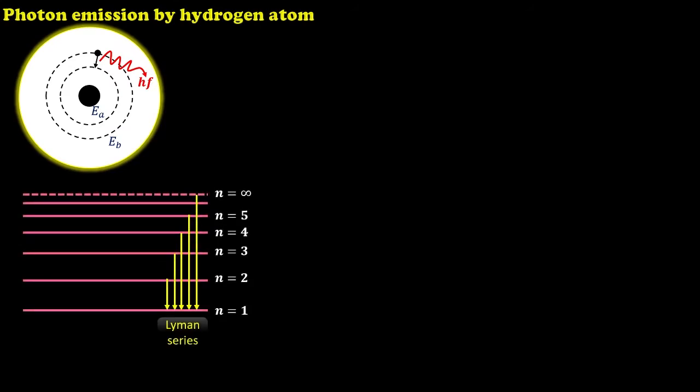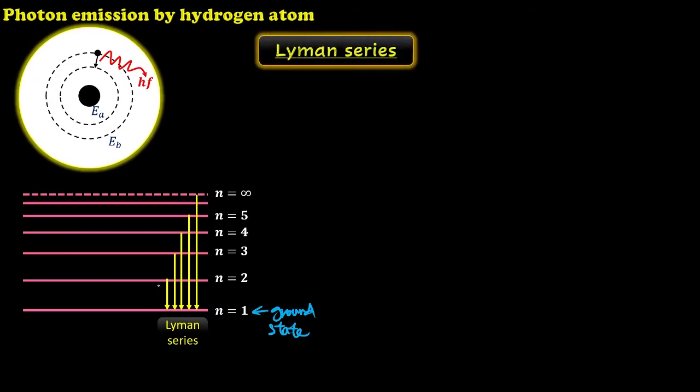The Lyman series means that the electron moves from a higher energy state to the ground state, so the final position of the electron is the ground state. Any transition from a higher orbit to the ground state we name the Lyman series.